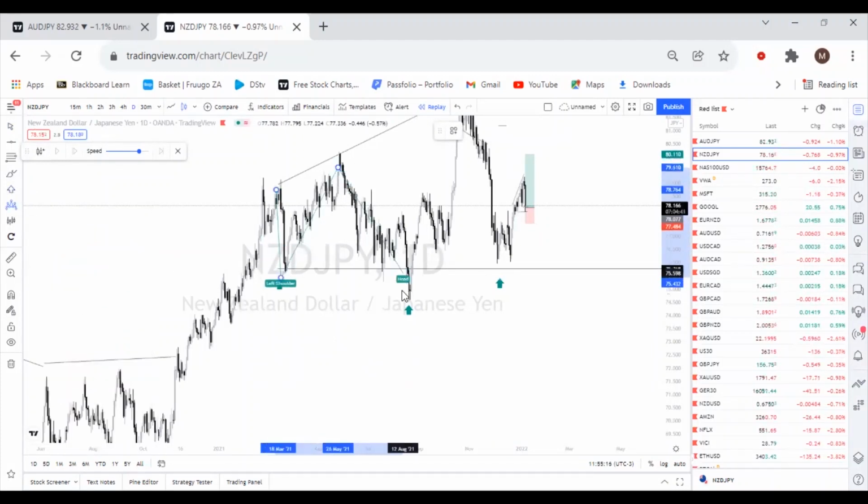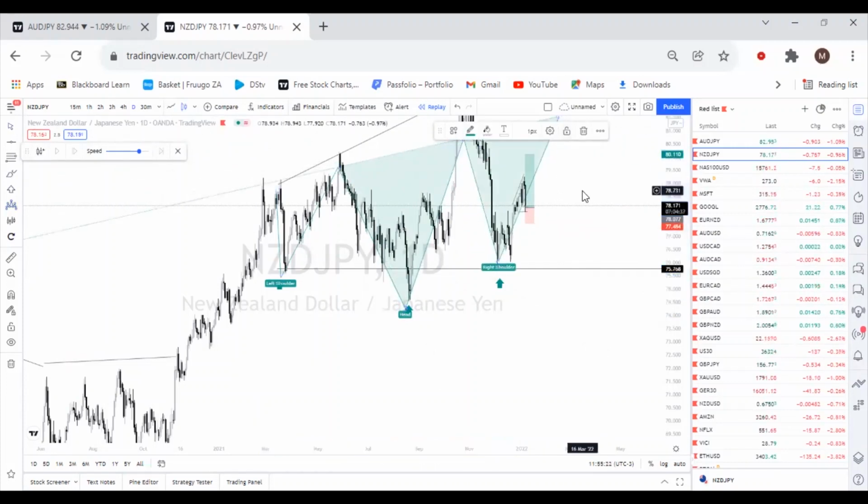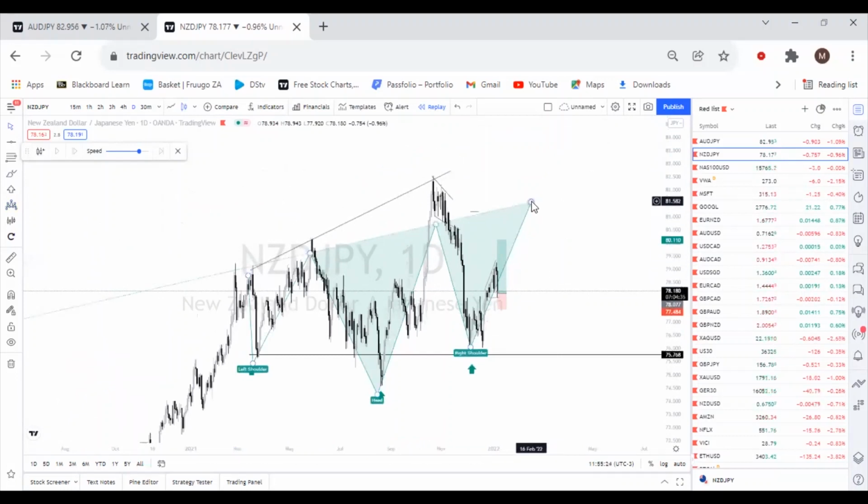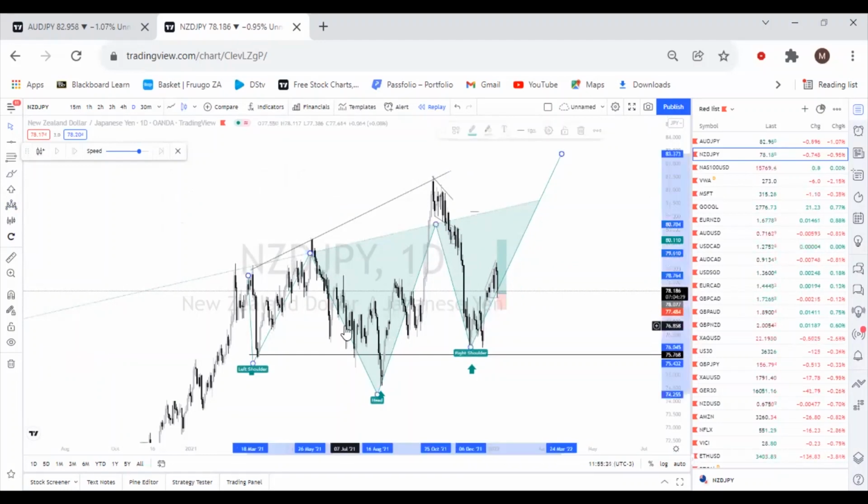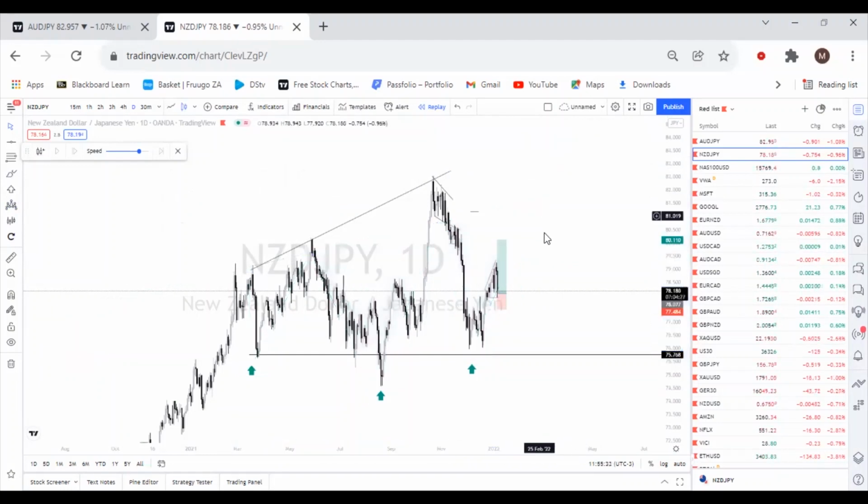We have our first shoulder right there, head, and then that is our last shoulder, which is a buy, and that is the reason why we are looking for buys with the setup as well.